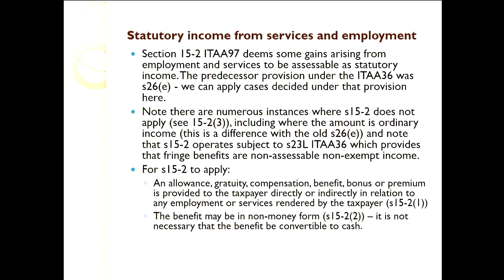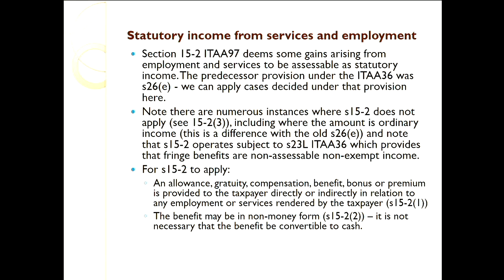So if we look at the list in Section 15(2), it refers to an allowance, gratuity, compensation, benefit, bonus, or premium that's given to the taxpayer directly or indirectly in relation to any employment or services, right, or given by the taxpayer. You see, it's really wide. But note, we still need that connection.